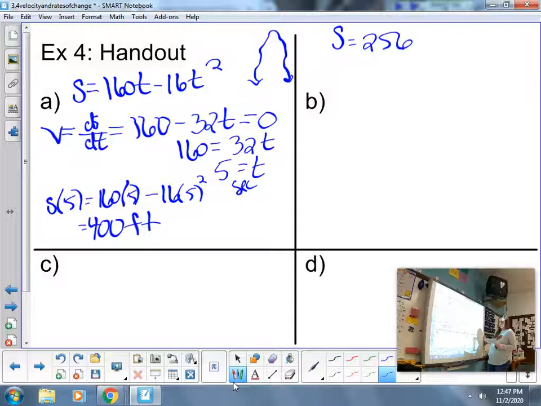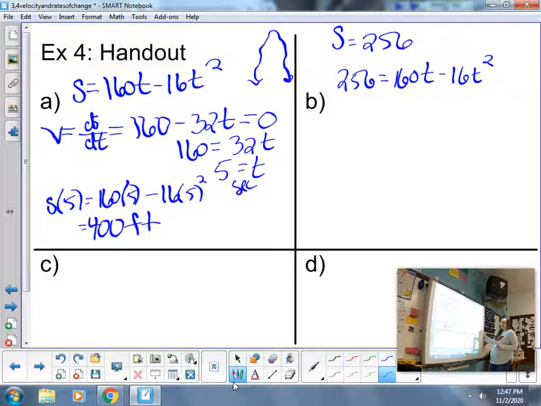We are actually going to plug that in. This one is more of an algebra question than a calculus question, because we are solving this equation: 256 equals 160t minus 16t squared.